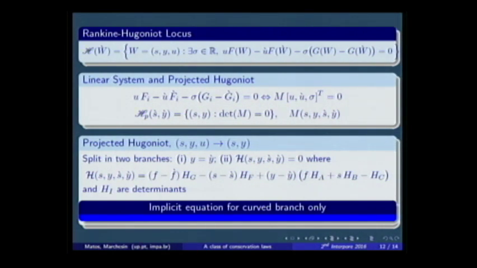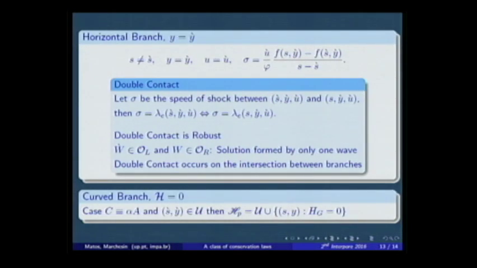So the other branch is given by this. That allows us to compute some things. I probably will not speak about this. It is related to the paper of Julio Daniel Silva and Dan Marchesin, where we have waves without an intermediate state, but I will skip it.